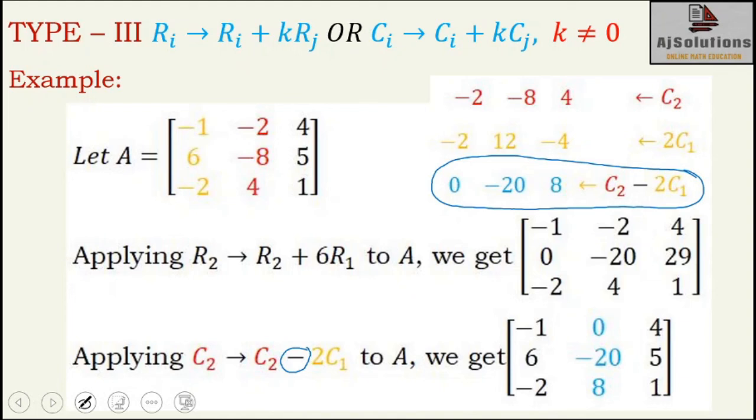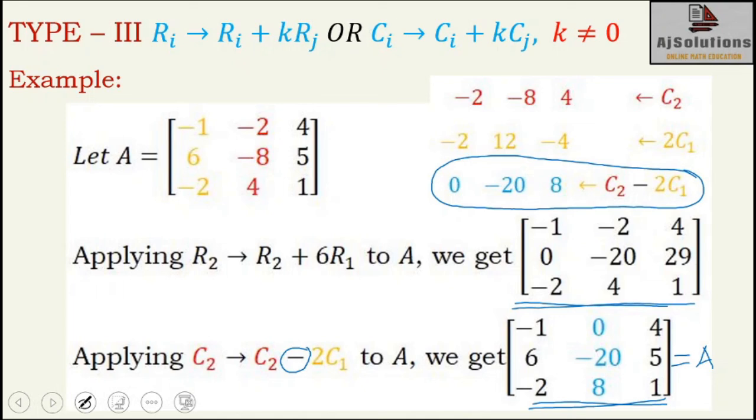One very important thing I want to note over here, after applying whatever transformation, I am not talking about only this type 3 transformation, I am talking about all the transformations. Whenever you apply any transformation and you get a new matrix, that new matrix is some new matrix other than A. Many a time students do what? This new matrix they write as A, which is not true. So it's incorrect.